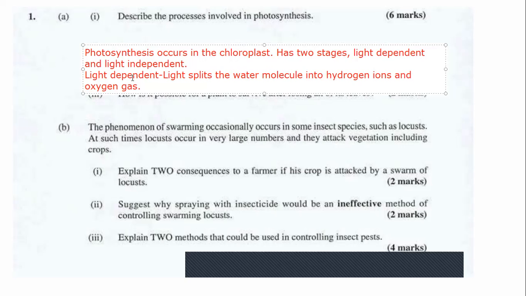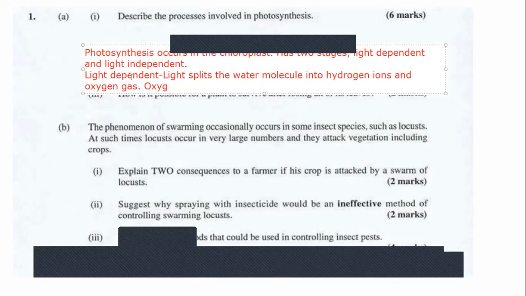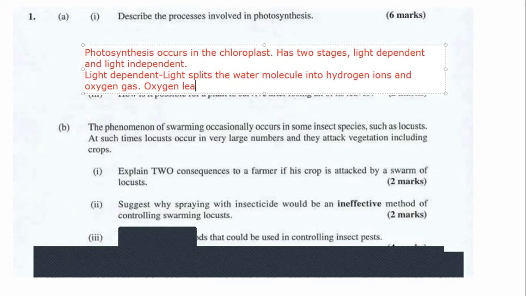The oxygen is lost by the process of diffusion.